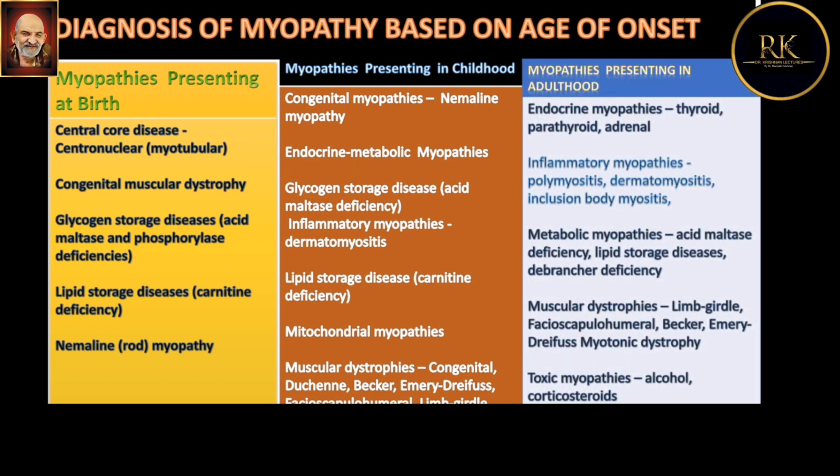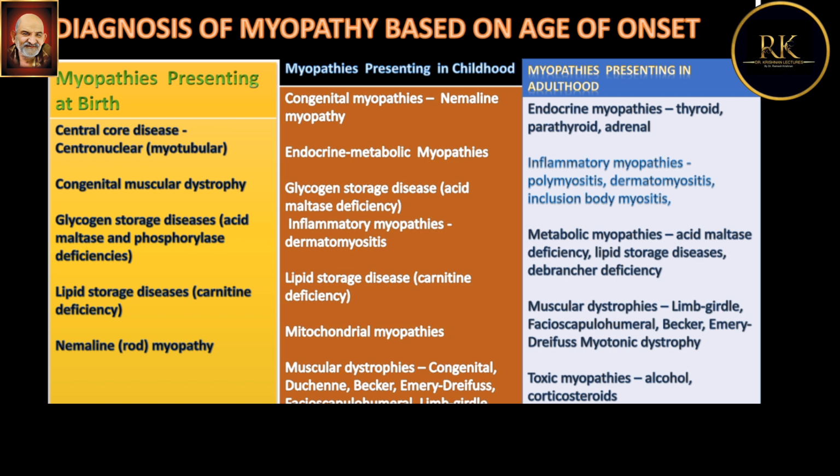If the myopathies are present in adulthood, the causes include endocrine myopathies with thyroid, parathyroid, and adrenals, and inflammatory myopathies with polymyositis, dermatomyositis, and inclusion body myositis. Then metabolic myopathies with acid maltase deficiency, lipid storage disorders, and debrancher deficiency.